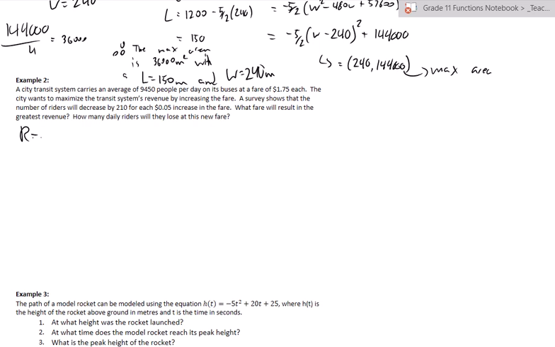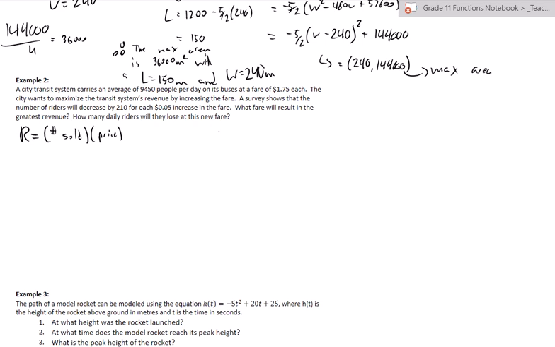Our revenue is equal to the number of tickets sold times the price. And we want a new price, which is going to affect the number of tickets sold. We have a change occurring here, and this is where we're going to create an equation from. It shows that for every 5-cent increase, the number of riders will decrease. So this is a count, something you have to count here.